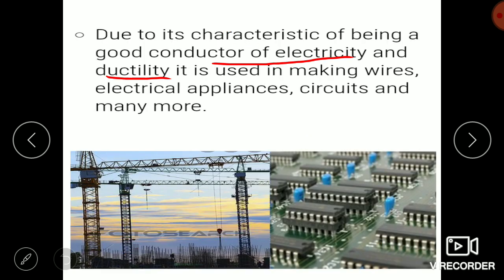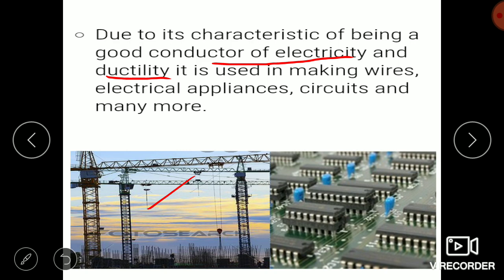Next, we know that metals are good conductors of electricity. That's why here you see the electrical wires. These are all made up of metals. Due to its characteristic of being a good conductor of electricity and its ductility, because to make wire we need the ductility property as well, it is used in making wires, electrical appliances, circuits and many more things.